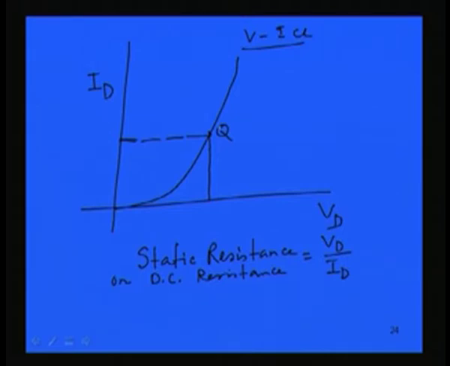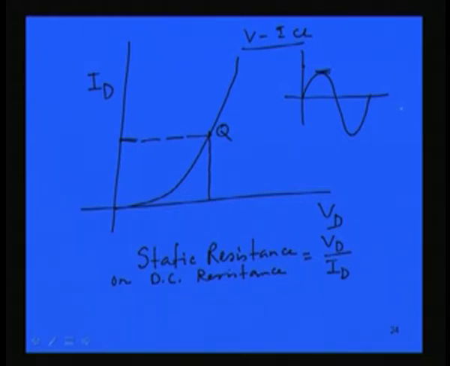But when you have a signal being given to the diode, like a sinusoidal voltage, then as you can see, this voltage signal goes from a very high peak value to a lesser value like that. Now, if we apply a varying AC signal, we have to find out the dynamic resistance.